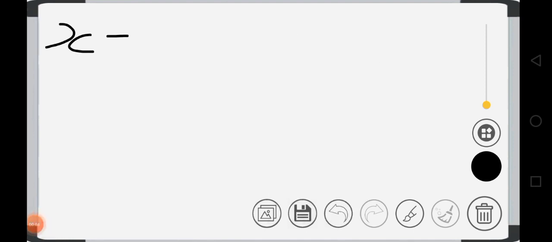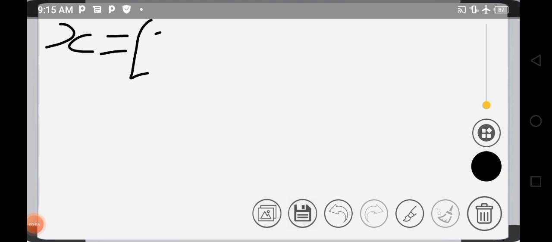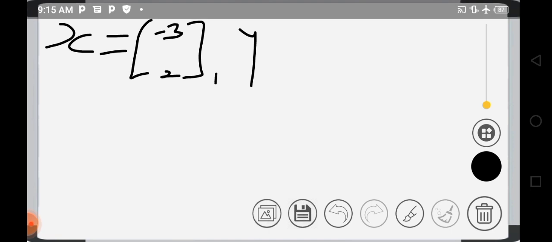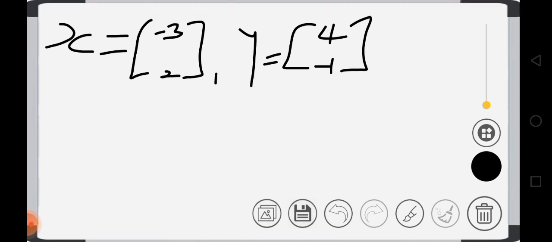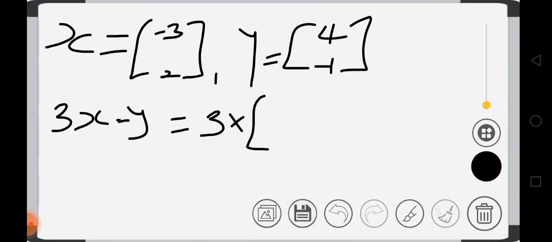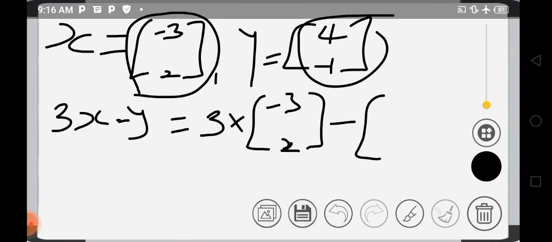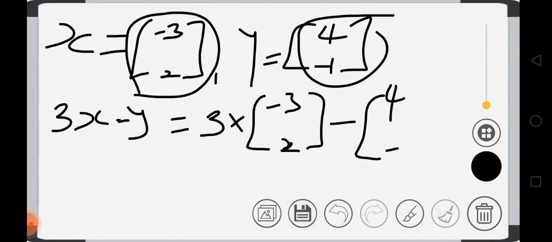Let's say we have this question. If x is equal to (minus 3, 2) and y is equal to (4, minus 1), then we should find 3x minus y. This will be equal to 3 times x, which is (minus 3, 2), then minus y, and y is equal to (4, minus 1).